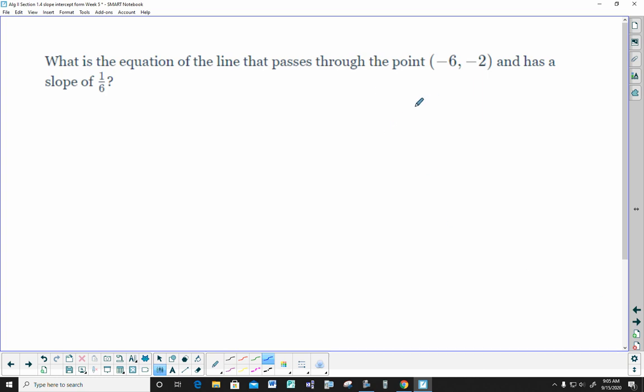Trying this one. y is equal to mx plus b. They're telling you an x and a y and the slope. So going again, fill in the y. 1/6 times the x value, which is -6, plus b, which you don't know.